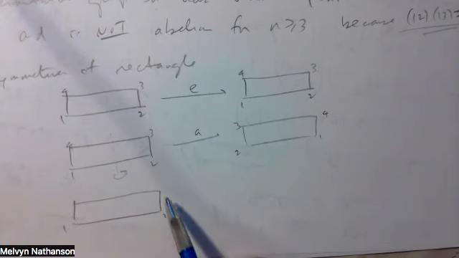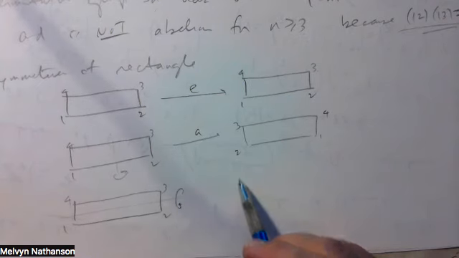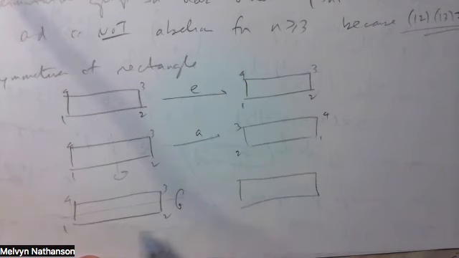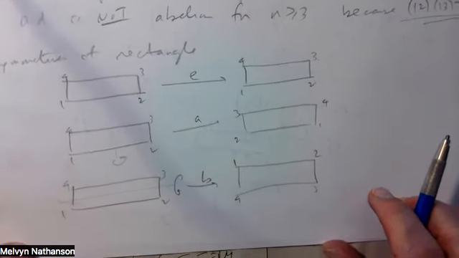Alternatively, I could take the rectangle, draw a horizontal line through the center, and rotate it like that. And then the 1, 2 on the bottom end up on top, and the 4, 3 on top end up on the bottom. So let me call that operation B.